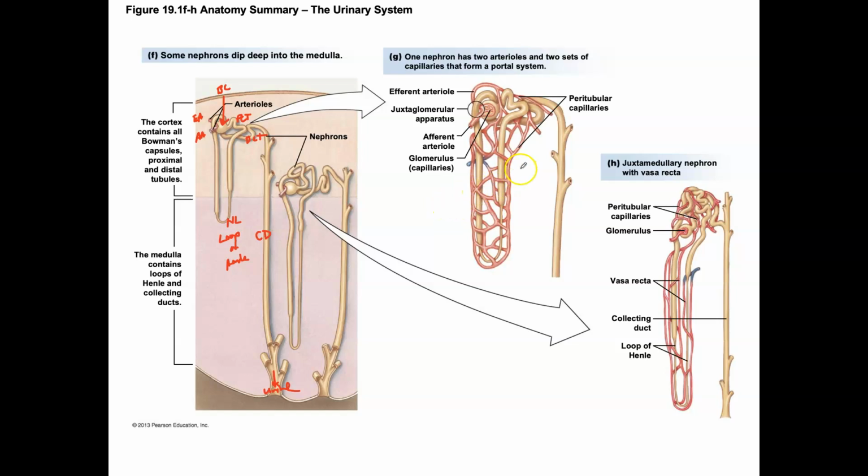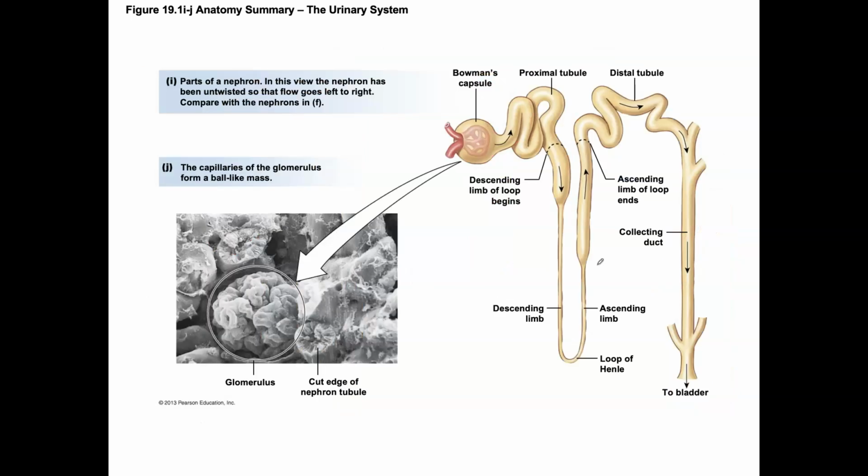Surrounding the nephrons, there are paratubular capillaries. There are also vasa recta capillaries that are deeper into the medulla, and these work along with the nephron as we process material in the attempt to generate urine. If we were to stretch out the nephron, to give it a different look, here we have the afferent arteriole again, and the efferent arteriole. Now we can actually see the glomerular capillaries inside.